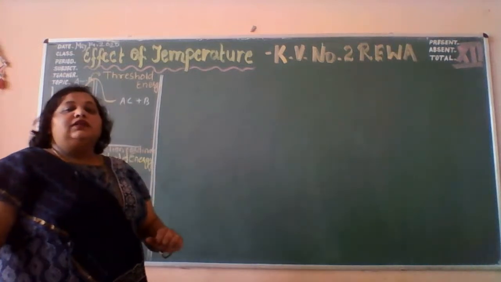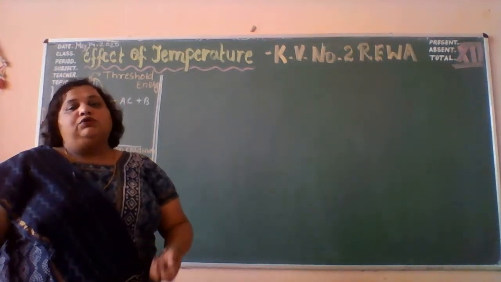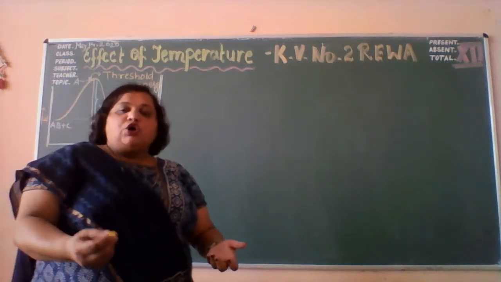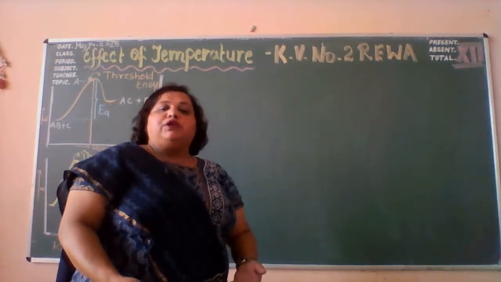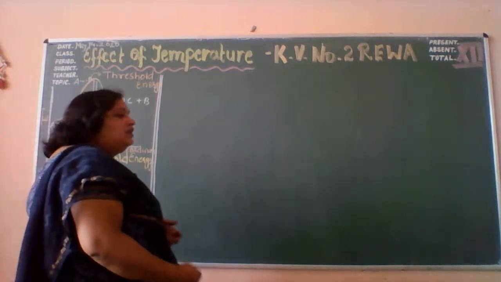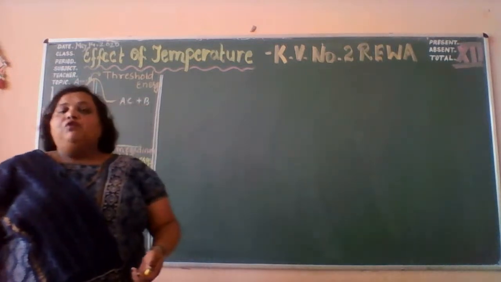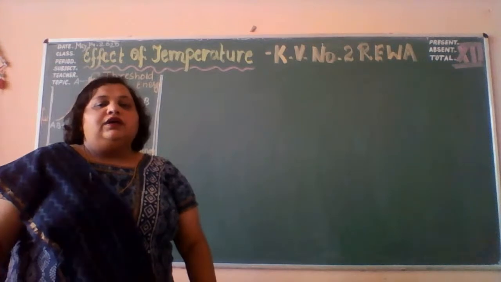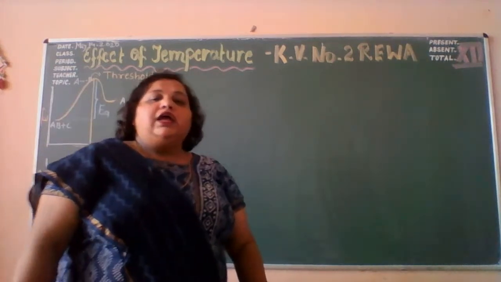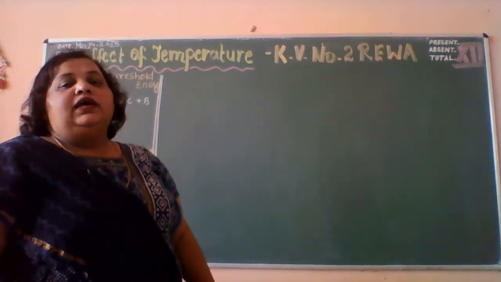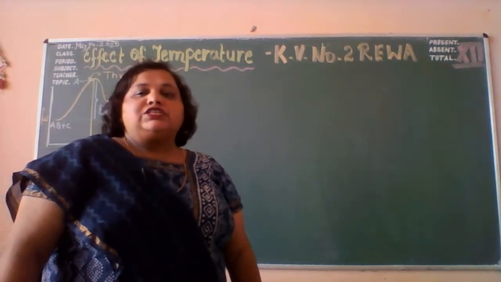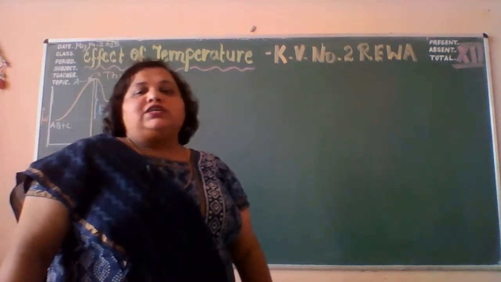Then you saw the surface area. I showed you the reaction for powdered calcium carbonate and a chalk piece. And the third, very important one, is the concentration of the reactants. We have studied the effect of concentration in detail, the rate law, order, everything. It deals with that particular topic, the effect of concentration on the rate of reaction.